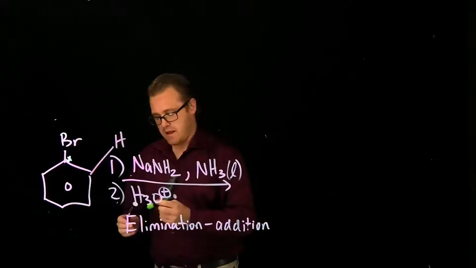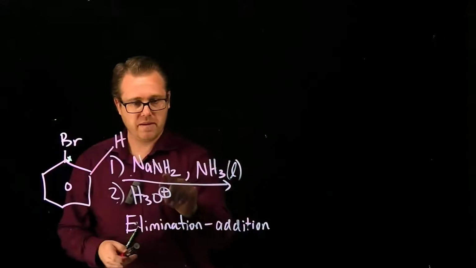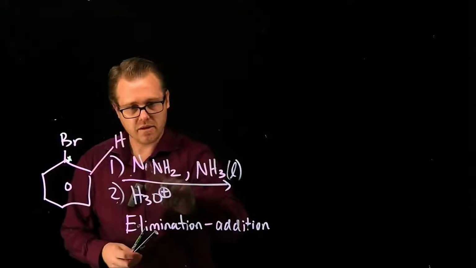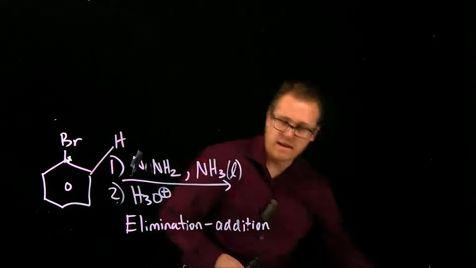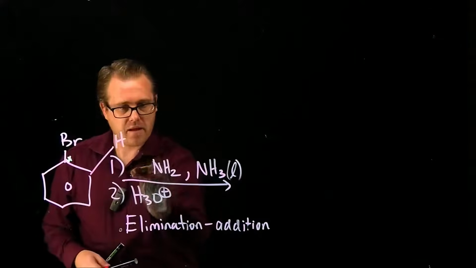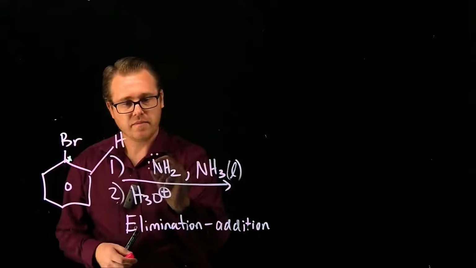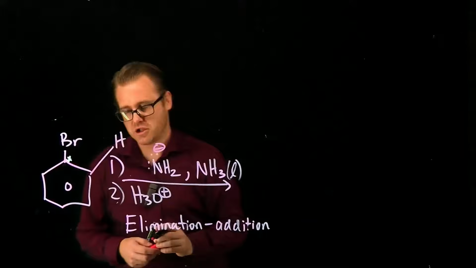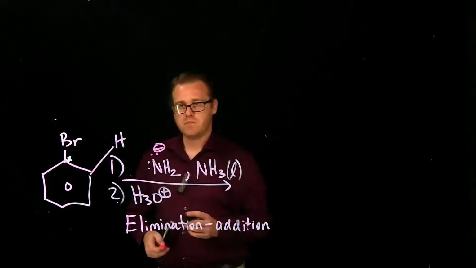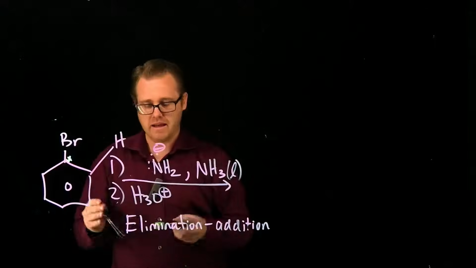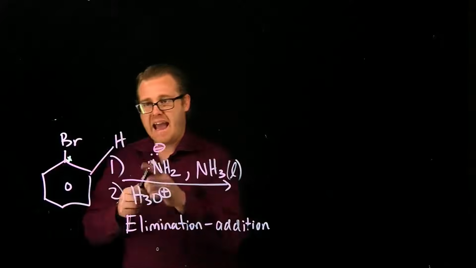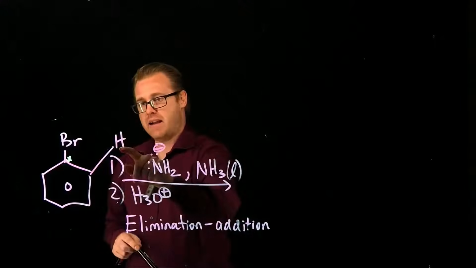Okay. And then this species, goodness, let's clean that guy up. Actually looks like this. All right, negatively charged species. And that's going to come in and attack that hydrogen.